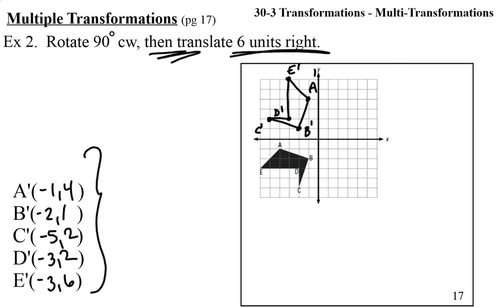So everything's going to go 6 to the right. A double prime. E double prime. D double prime. B double prime. And C double prime.